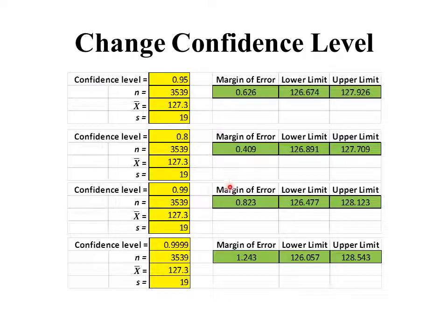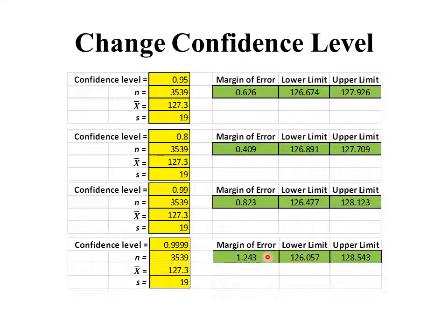Now let's increase our confidence level. Let's suppose we choose to use a 99% confidence level. Look what that does to the margin of error. It went from originally 0.6 up to 0.8, so we have a much bigger margin of error, and that's going to give us a wider confidence interval. Now let's choose an even higher confidence level, 0.9999, so we're at a 99.99% confidence level.